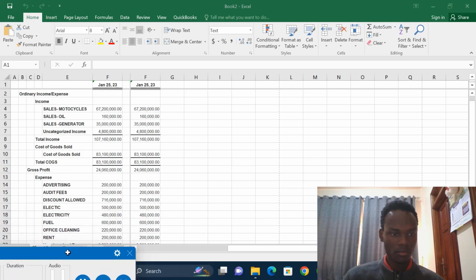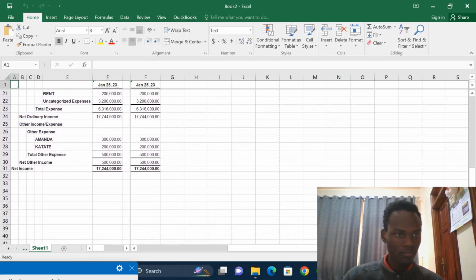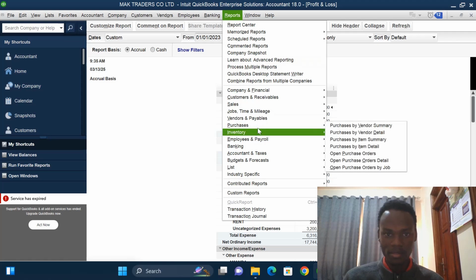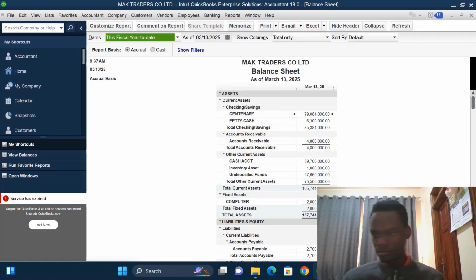So that is our Excel. So we can go back and see our statement of financial position, balance sheet. So that is our balance sheet. Okay.